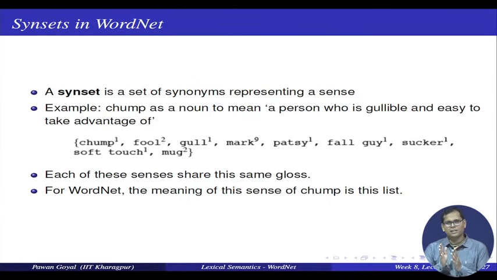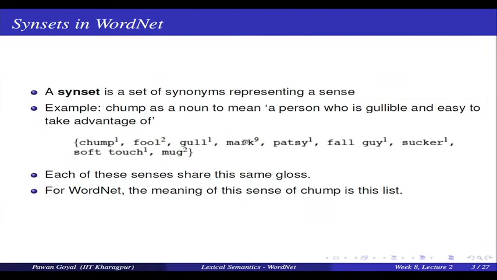So chump's first sense is this meaning, but there might be other words that have this sense too. The word mark, its ninth sense is this meaning. The word fool, its second sense is this meaning. The word gull, first sense is this meaning, and similarly fall guy, and so on.